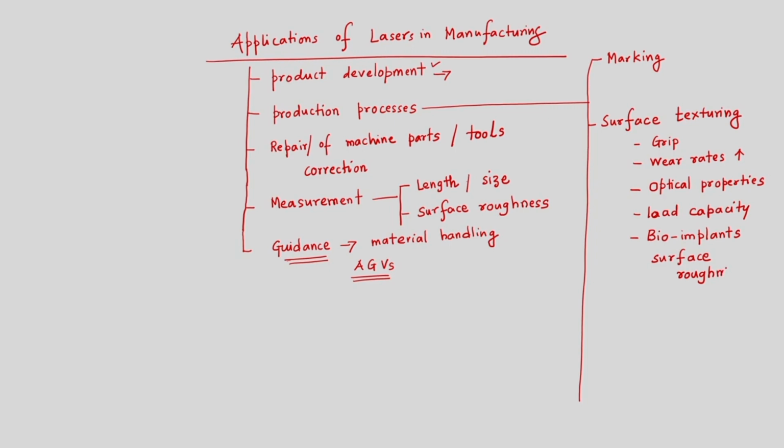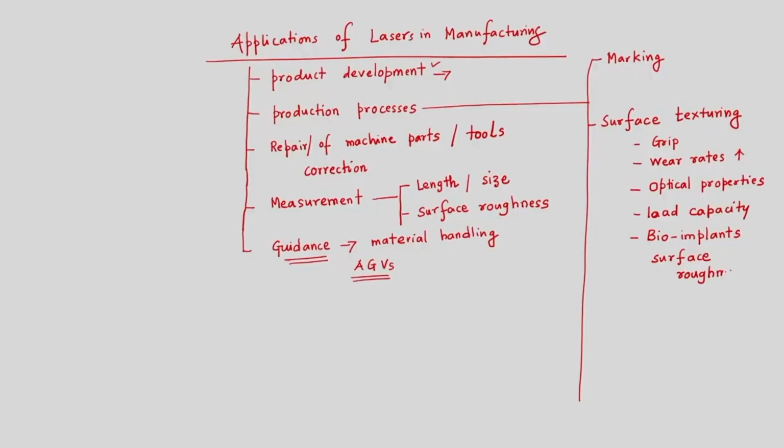So that the new tissues can grow on them, or these implants can get very well adjusted with the bones, so that the bones can hold the implants firmly and they grow over the implants. So, this roughness is deliberately provided on the bio implants to grow the tissues and to have firm holding of bones with the implants.